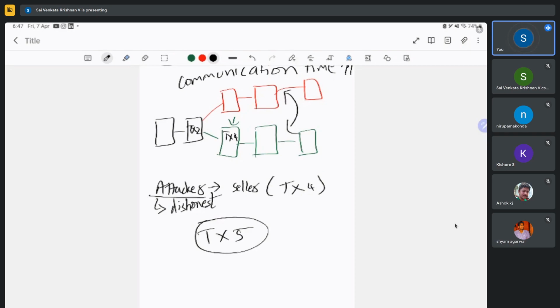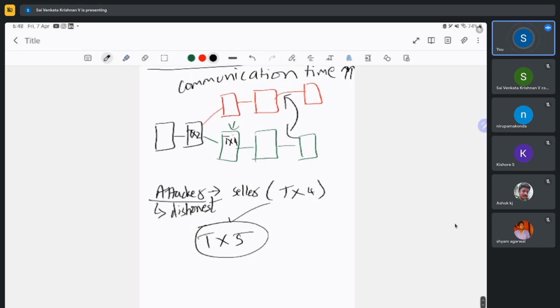The attacker's final goal is to ensure that transaction 5 is validated and part of the blockchain, and not transaction 4. So that is the goal of the attacker.